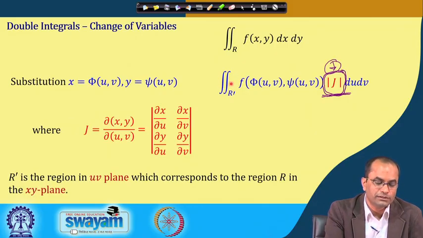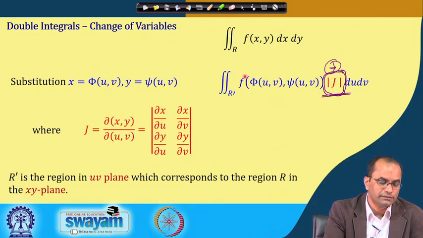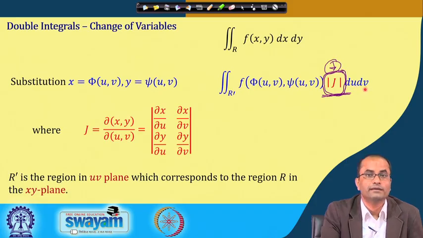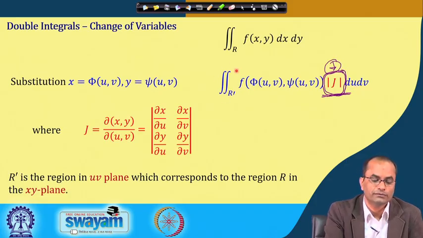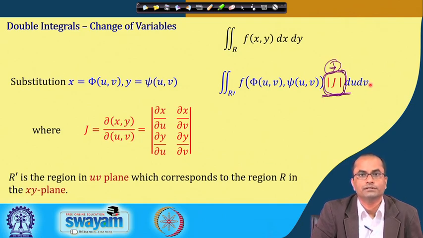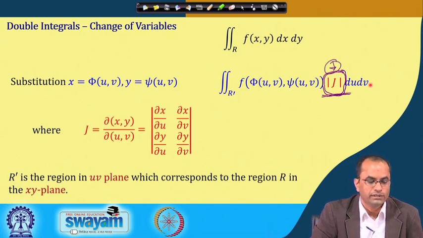And then these limits of this r prime, it is nothing but the same region, but now we have to compute over u and v. So, the limits will now follow according to the new variables u and v.